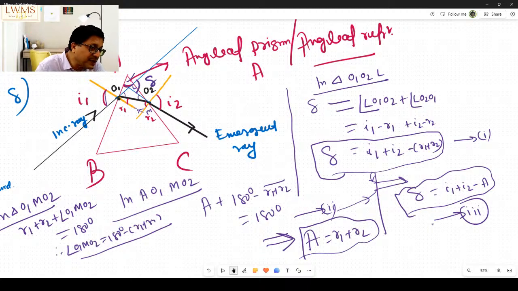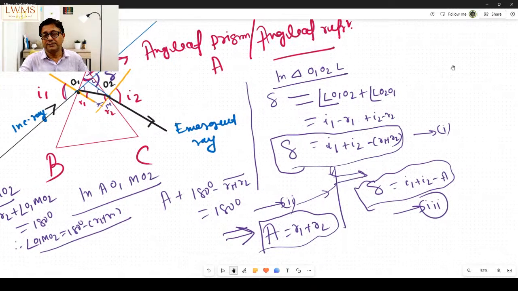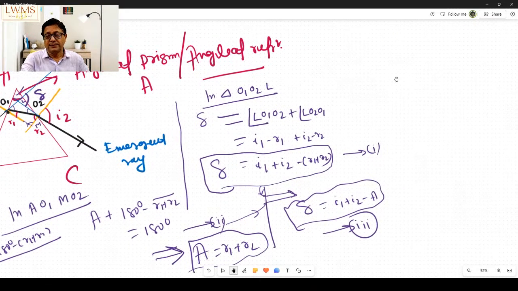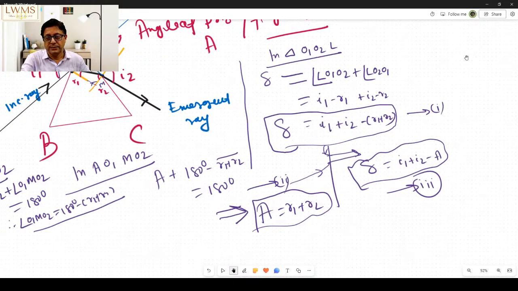I1, I2, angle of incidence and emergence, that minus A will give you angle of deviation. Clear? Done? Delta equal to I1 plus I2 minus A.